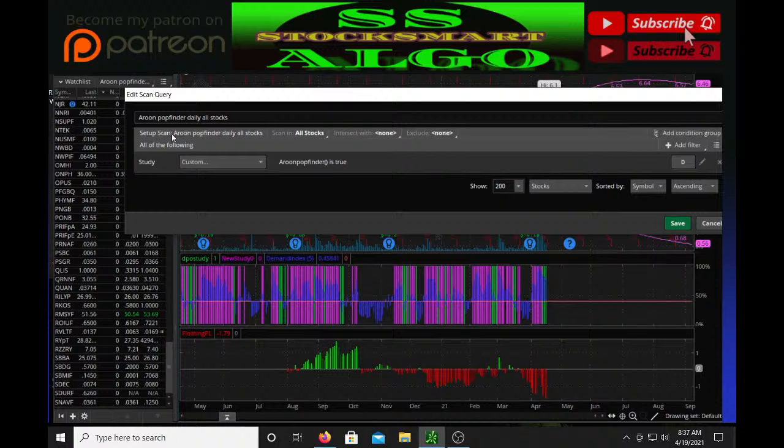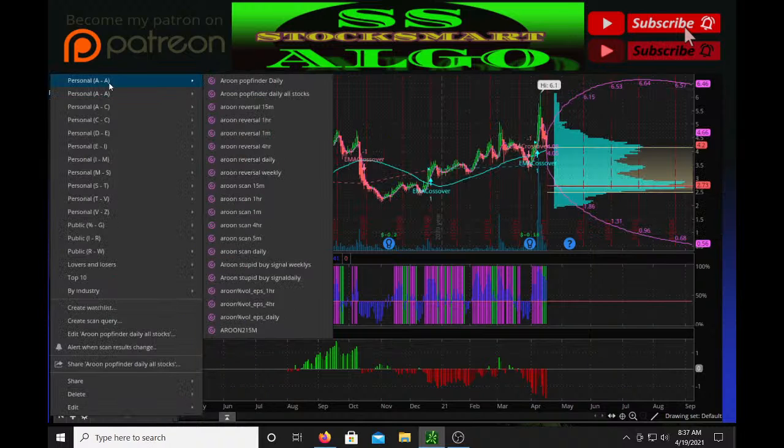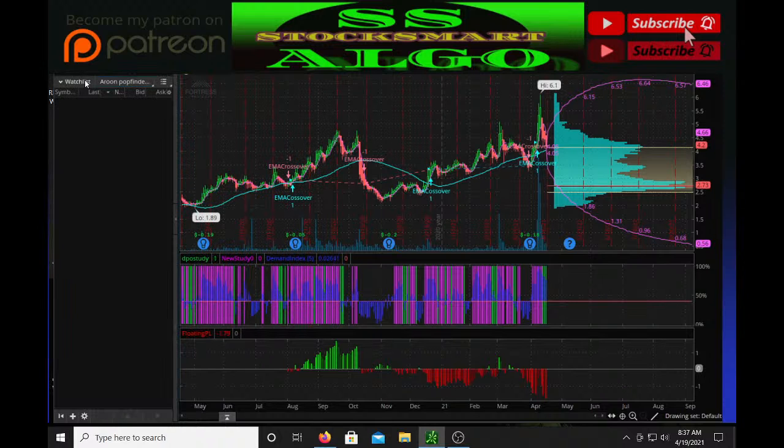So if we're using the Pop Finder to scan for a Pop Finder, then I have two of the same scan. Interesting.